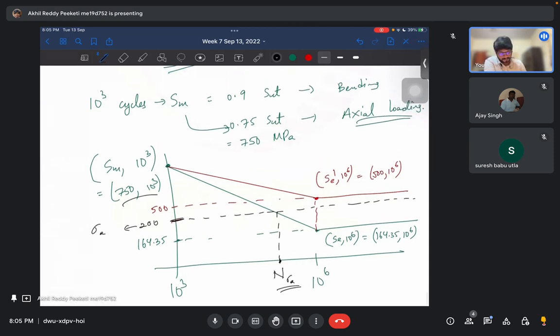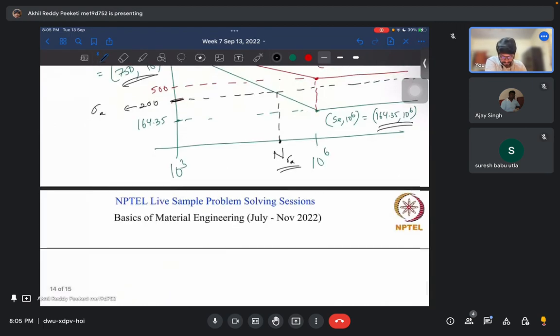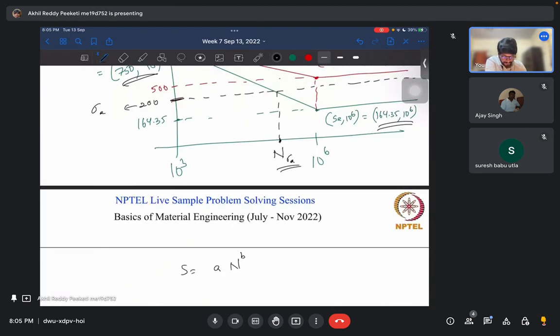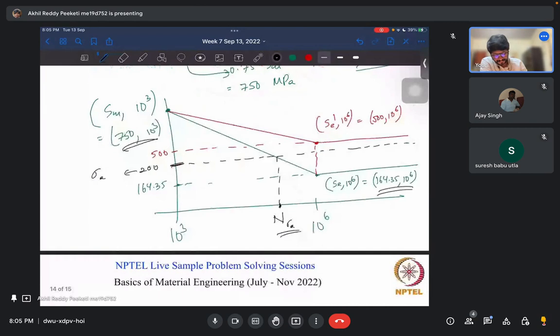Because now you know these 2 points, you can actually estimate the equation S is equal to A into N power B, like we got in the earlier question. Is this clear, everyone?